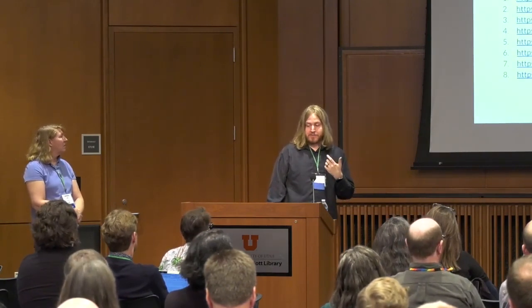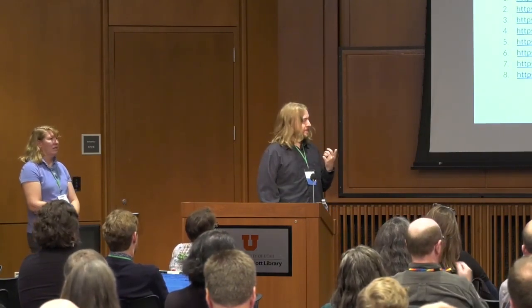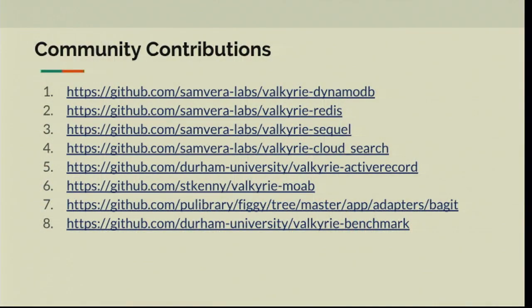Another neat thing I wanted to bring up was, I think, a testament to the success of how simple the API is and how well we've done, is that a number of community members have built their own plugins to this already, whether it's for different metadata adapters or different tools. There are ones for DynamoDB, Redis. We've spun one up that uses SQL instead of Active Record.